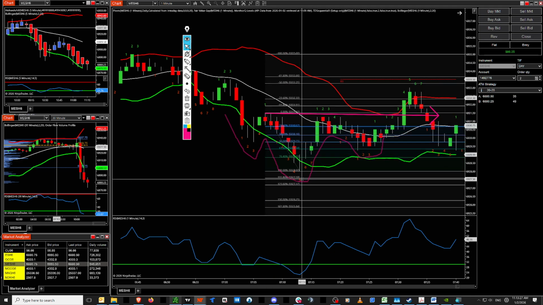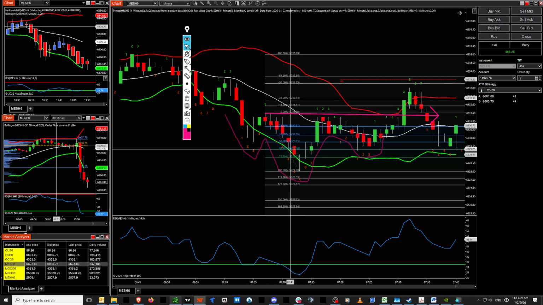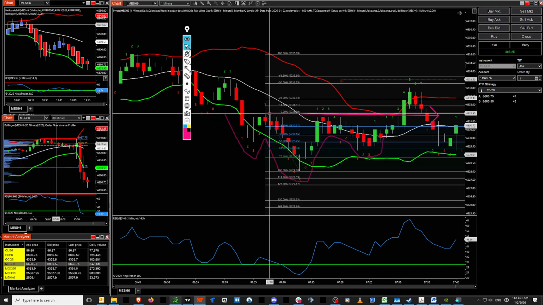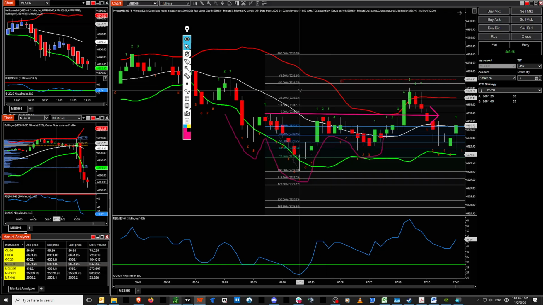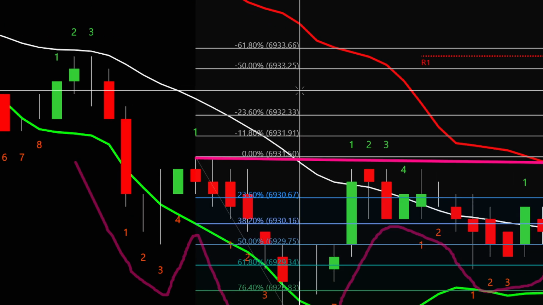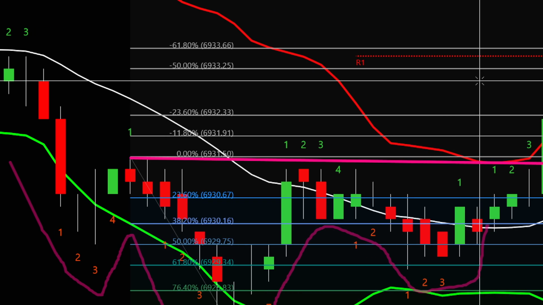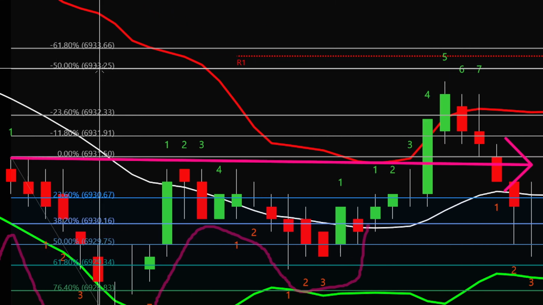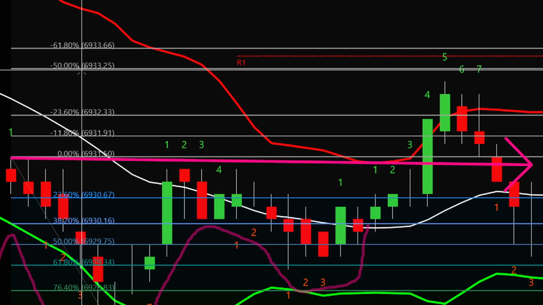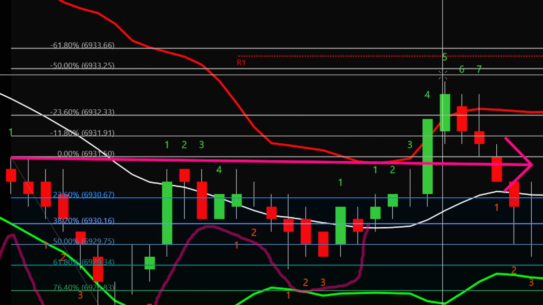So I'm going from the head to the neck. And the measured move basically went, usually, this one kind of failed, but generally speaking, you should expect it to make like a 50% measured move. Failed a little bit there.